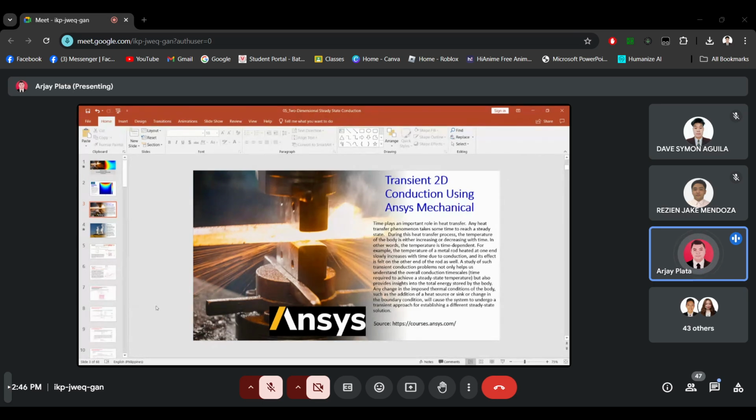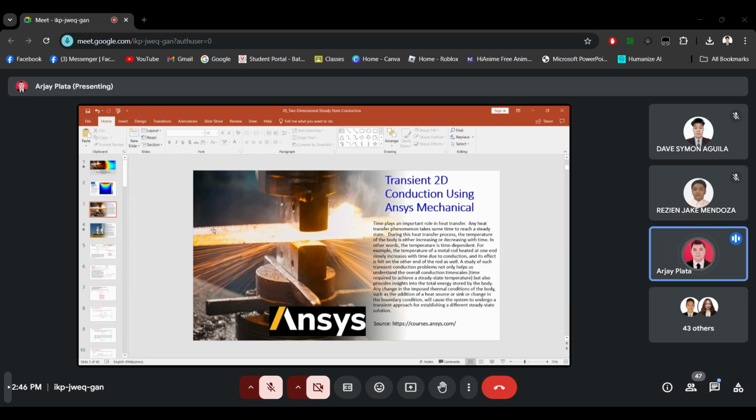Just like what I have said earlier, the heat will transfer from the source going to the other side. So in reality, this is a transient heat conduction. A study of such transient conduction problems not only helps us understand the overall conduction time scales, or time required to achieve a steady state temperature, but also provides insights into the total energy stored by the body.